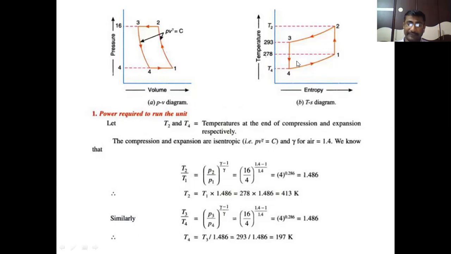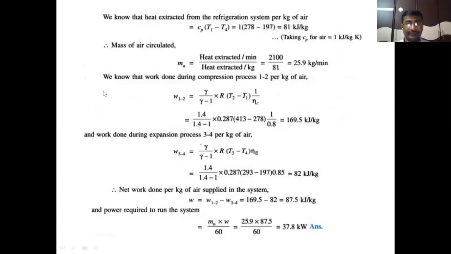The turbine and expander efficiencies are given, so we should consider the actual process. We know that heat extraction from the refrigeration system per kg of air is Cp into (T1 minus T4).